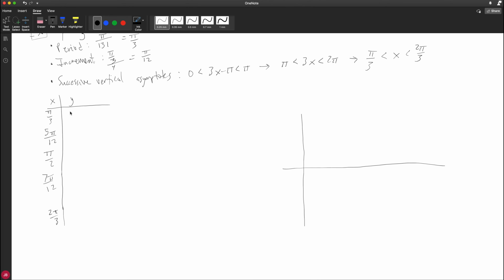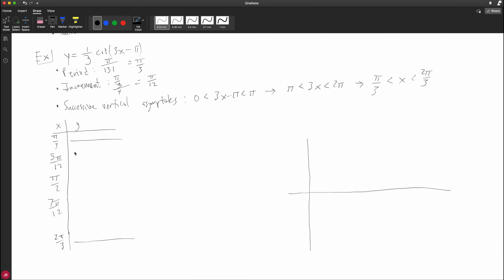So the same as with tangent, for cotangent, the first and last don't have an associated value. Those are asymptotes. But then in the middle here, let's see, what do we got? We got 1/3 cotangent 3 times 5 pi over 12 minus pi.